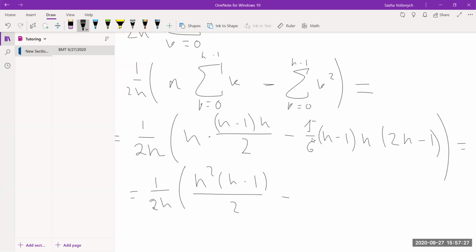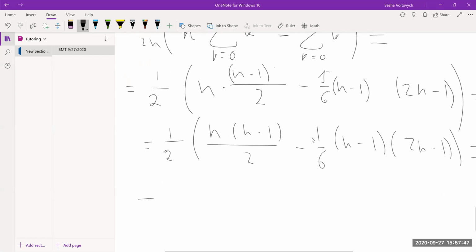So minus, yeah, so now first we can factor out n from here and here, and this will cancel with this. So we just have 1 over 6 n minus 1 times 2n minus 1. Oh yeah, and we can factor out n minus 1 as well. So this would be n minus 1 over 2. And we can factor 1 over 2 as well.